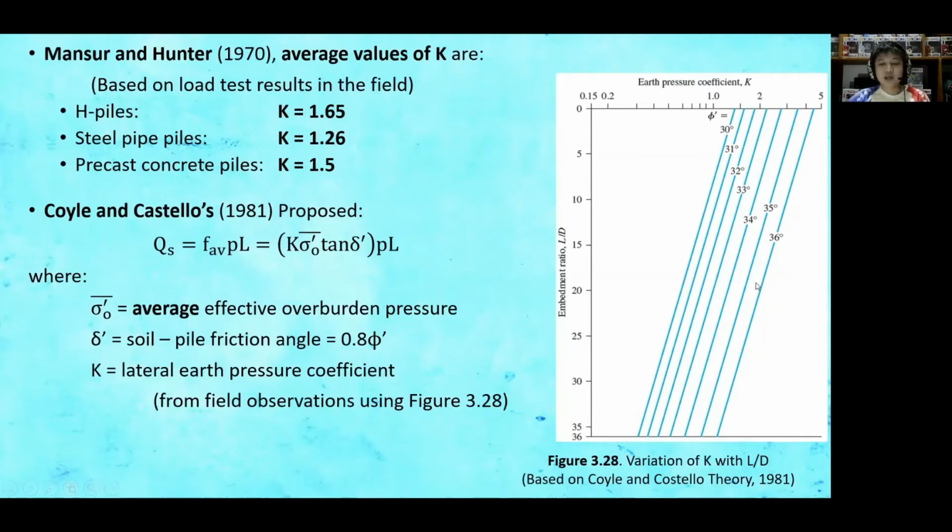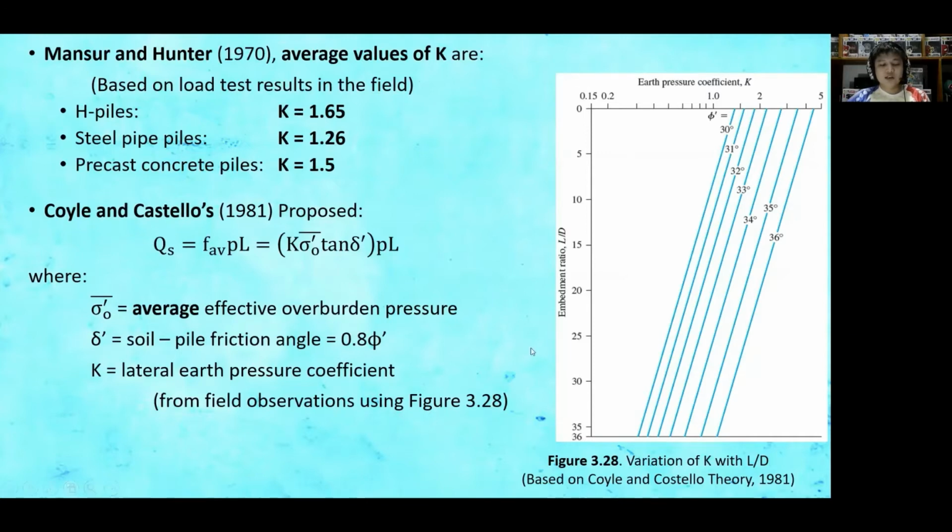Apply interpolation for two notable values of your K. For example, if phi prime is about 31.5 degrees, then interpolate the results for 31 and 32 degrees. And if the angle of friction and the embedment ratio are out of the range, then do not use the method to avoid errors.